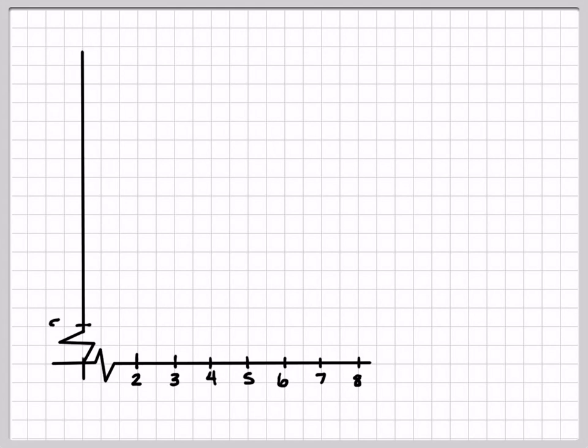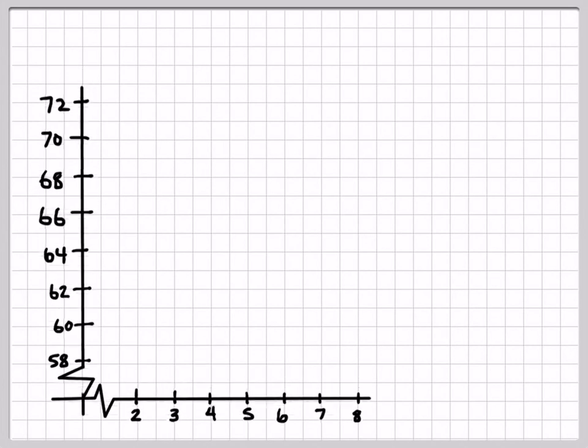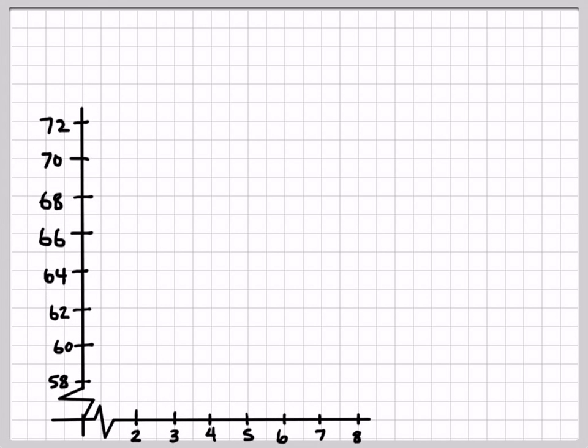So this one would be 58, 60, 62, 64. I'm not sure if I'm going to have enough space. We'll see. I may have to rethink this. 66, 68, 70, 72. I'm close, so you just watch what I can do. So you can't do that on your paper, can you?